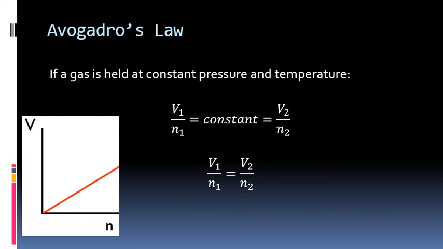Basically, if you increase the volume that you store gas in, you can fit more into it. Pretty straightforward. Avogadro's law states that volume divided by the amount in moles for a gas will always equal the same value. Therefore, in one scenario, volume divided by amount will equal, in another scenario, its volume divided by its amount of gas. Or V1 divided by N1 equals V2 divided by N2.